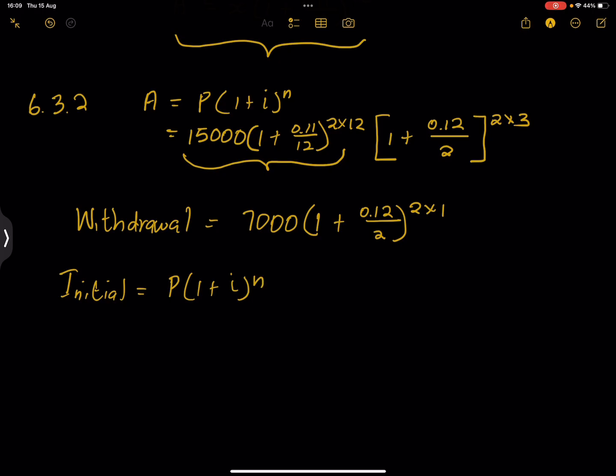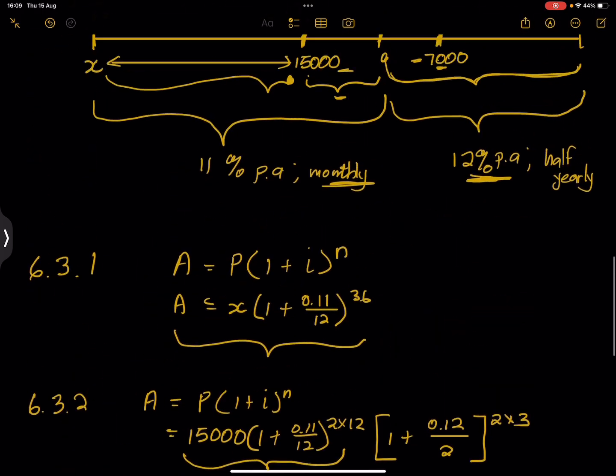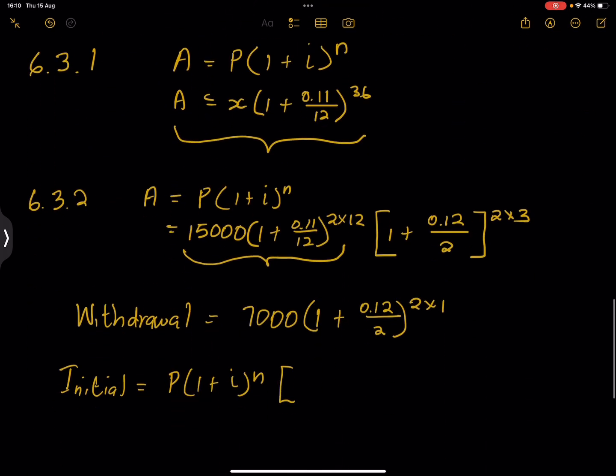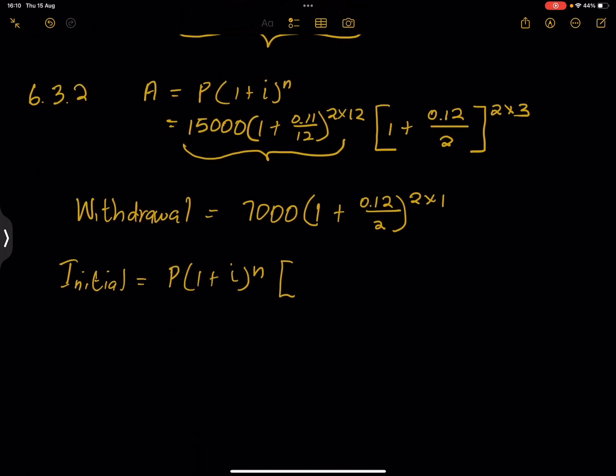But remember it will also have different interest rates that apply to it. We've got x being dragged for 5 years first, under 11%, so let's write it out. That would be 1 plus i again, exponent n.